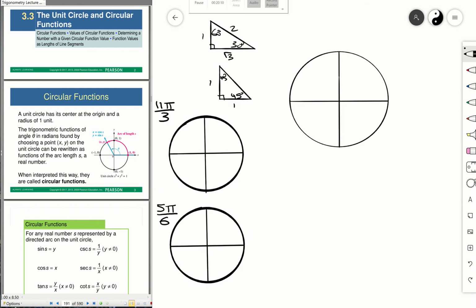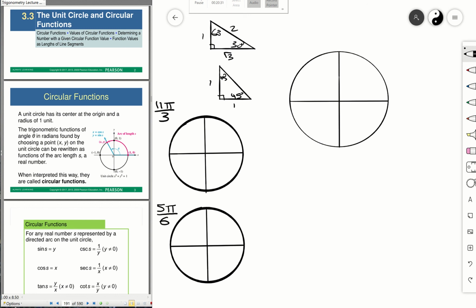Okay, so next we will go ahead and use what we know about 30, 60, 90 and 45, 45, 90 triangles to try to at least fill out what we can on the unit circle in the first quadrant.